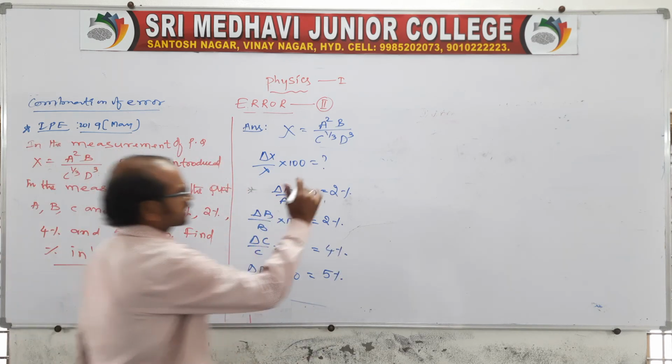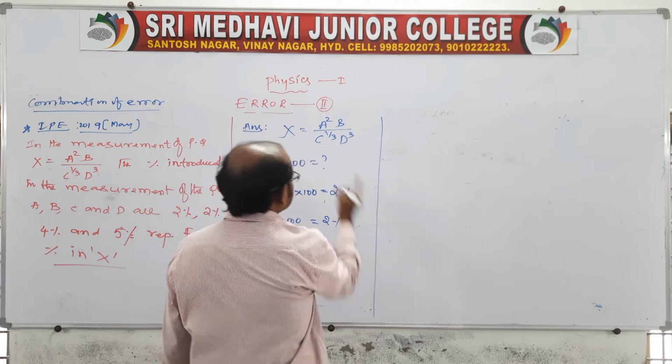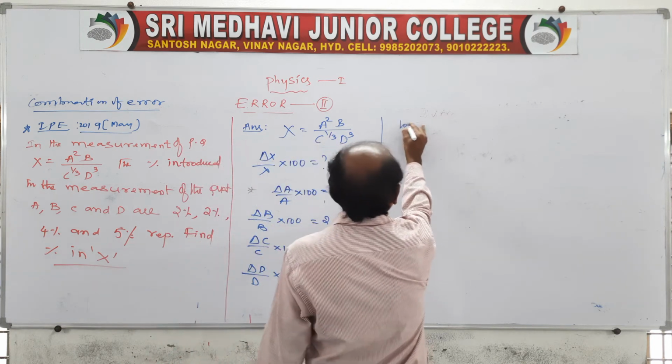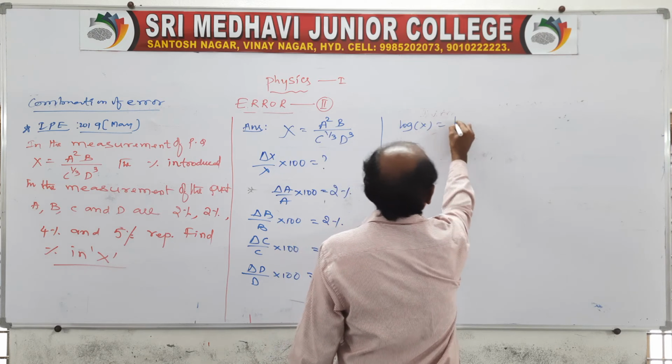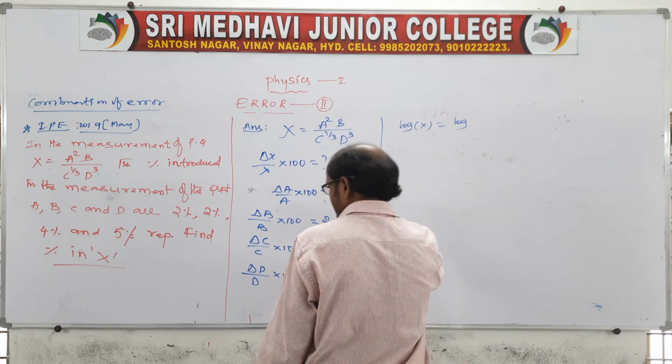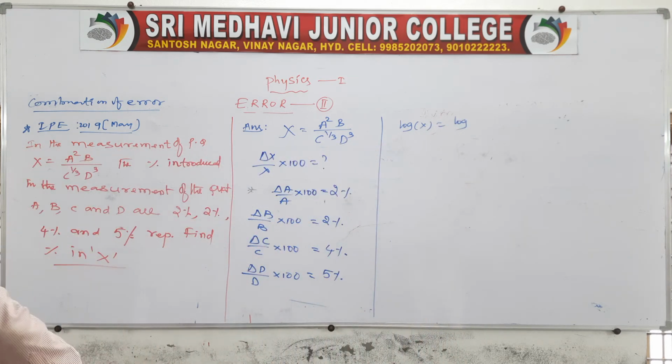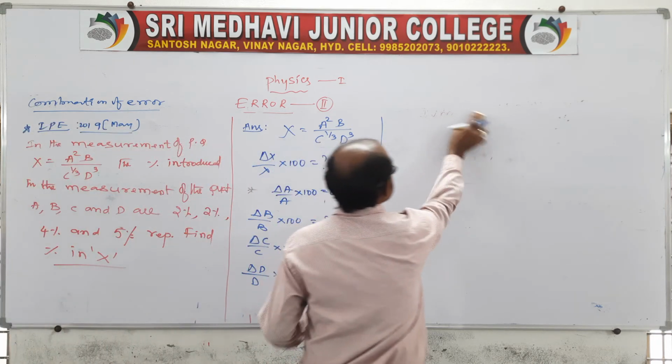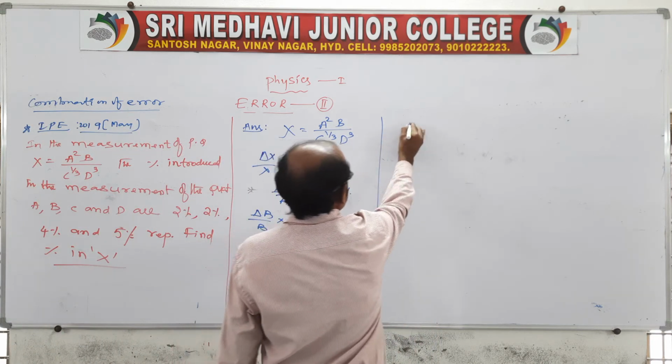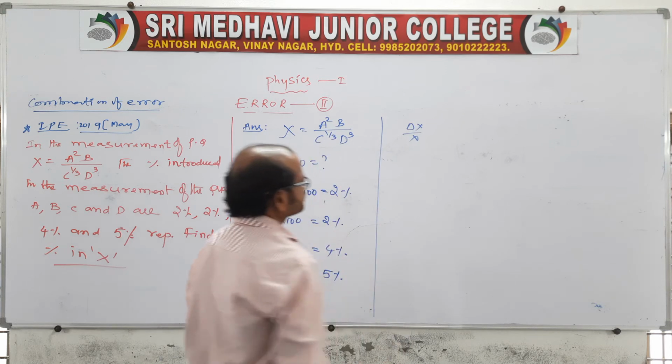Here, the same method again, we have to apply the logarithm on both sides. Log of X is equal to log of the expression, or otherwise we can take it directly.